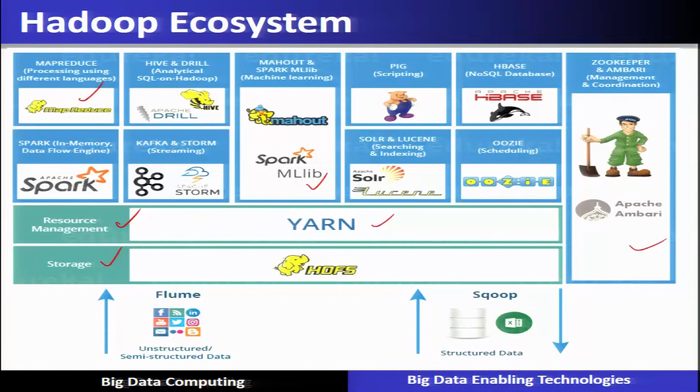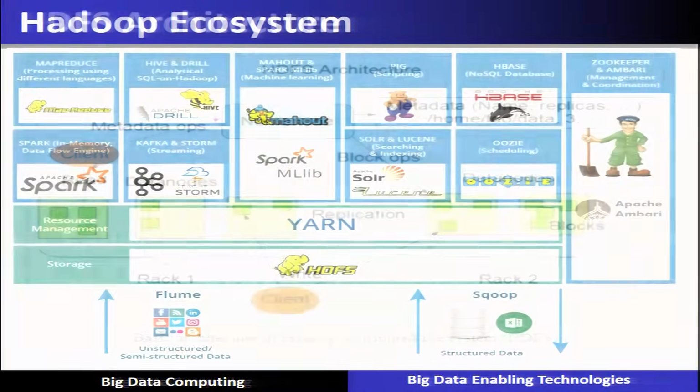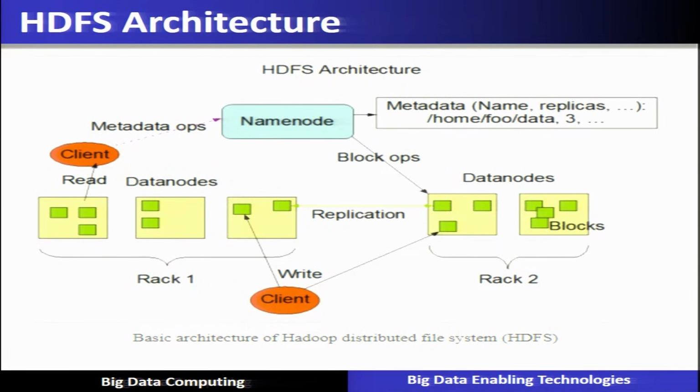So these different projects form the Hadoop ecosystem, and more than 100 such projects are available free, that is, as open source projects, which are used for big data computation that we will see in more detail.